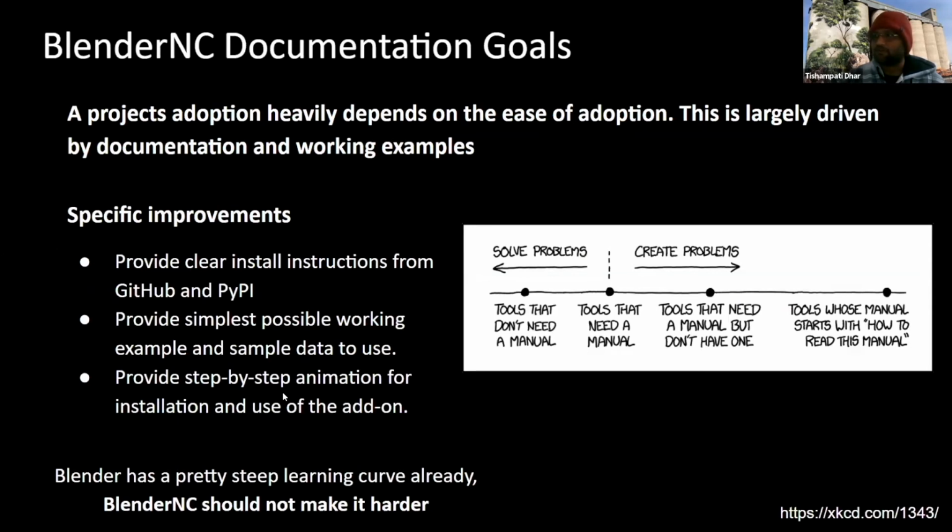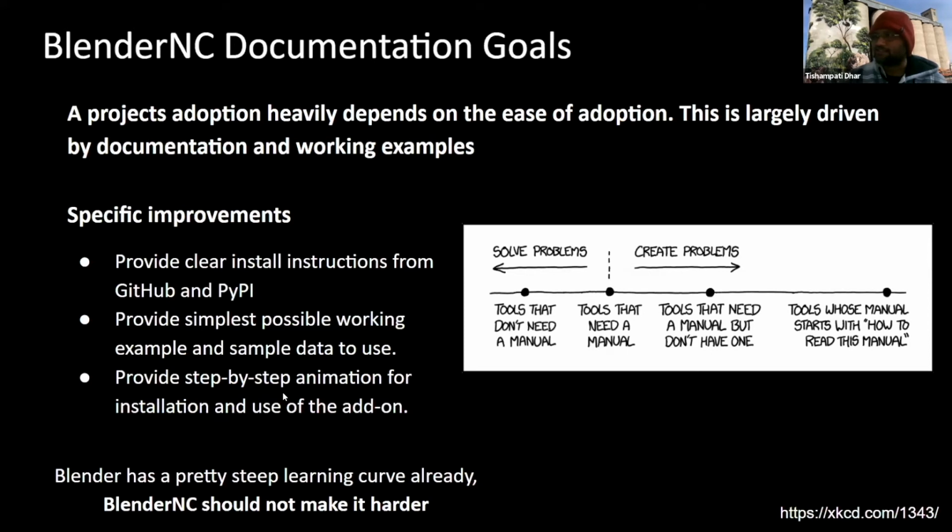So you would have to have good instructions for installing this on top of Blender through the available repositories, the Git repository or the Python package repository, because BlenderNC is a Python package. Provide the simplest possible working examples and provide the data and add-on usage instructions.